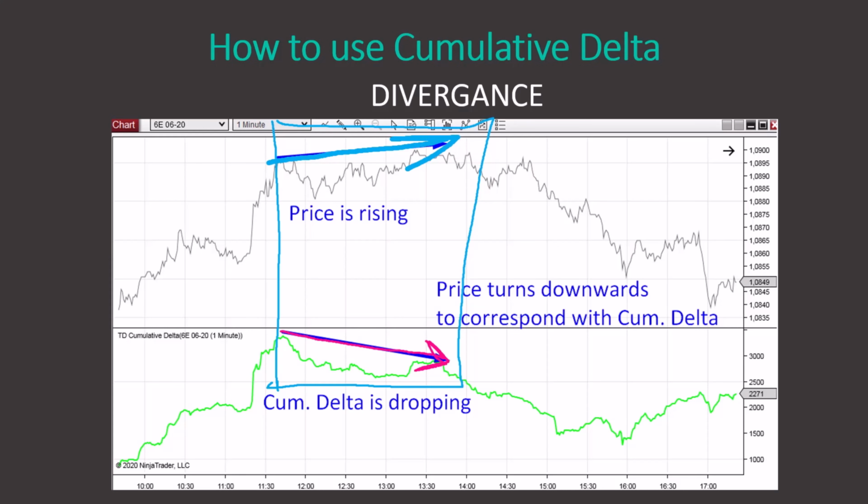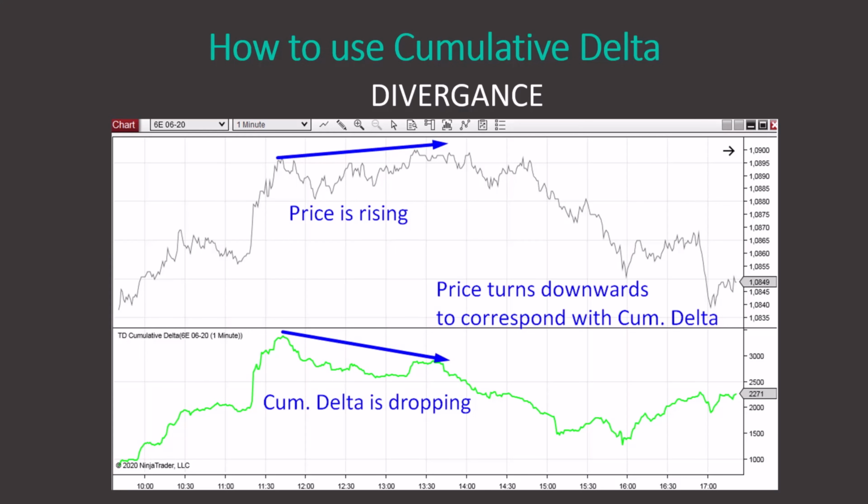In the end, you can see that price started to follow delta, turned and went downwards. But the delta gave us this information in advance. So that's how you can use the divergence of price and delta.